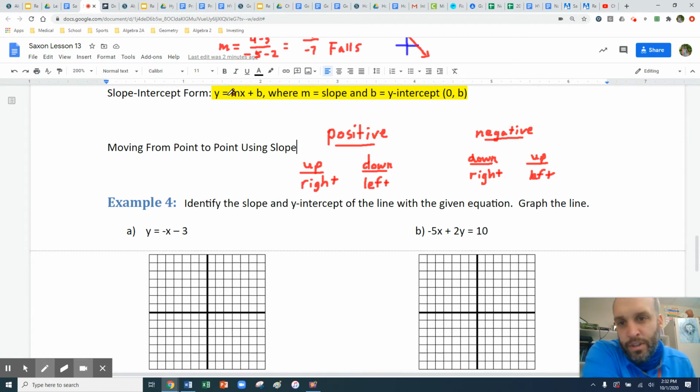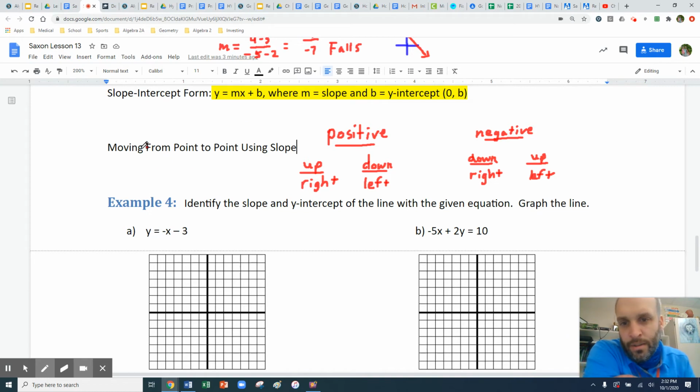You will see a number in front of the x. That'll be your slope. So that's how we can see the pattern from point to point. And then we'll see a plus b or minus b, which will show us at which point or which part of the y-axis the line is going to cross the y-axis. So we can see those when it's only in slope-intercept form.